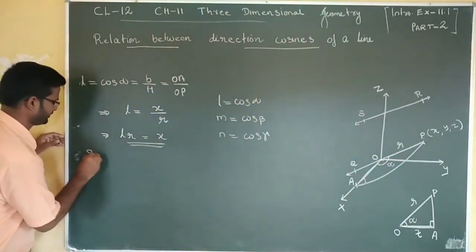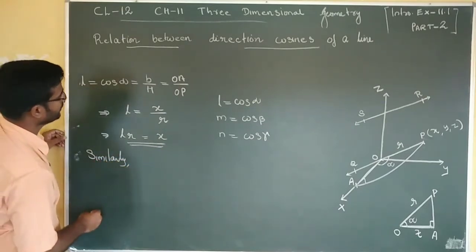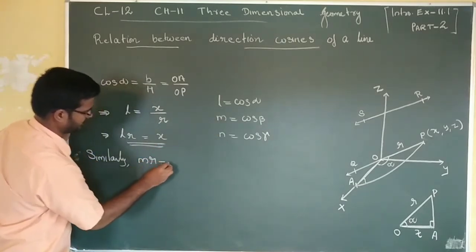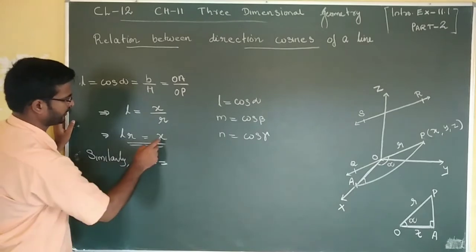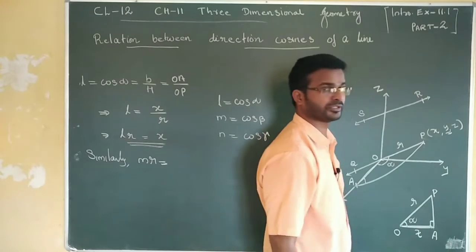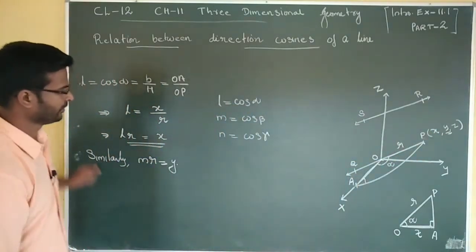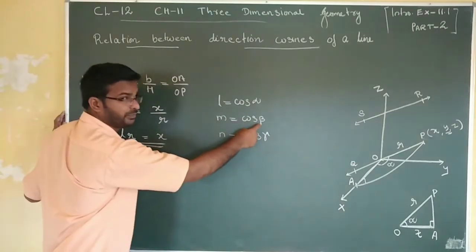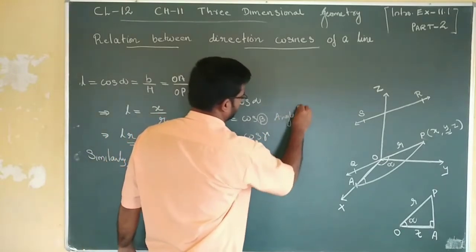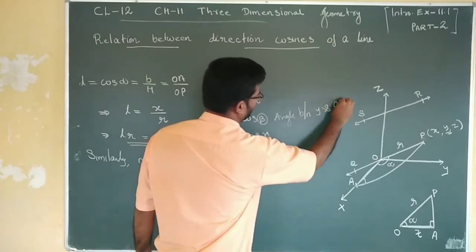Similarly, we can write mr equals what? The second coordinate, y. Check it: m means cos beta, and beta is the angle between the Y-axis and OP.